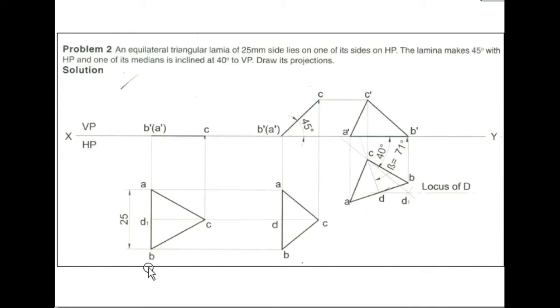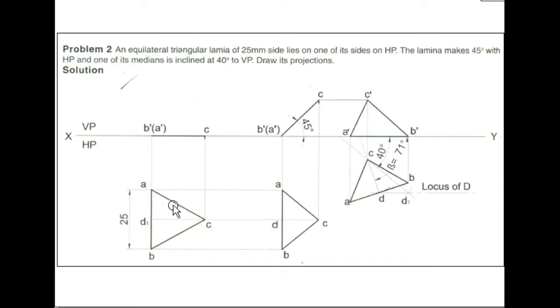So draw a equilateral triangular lamina on HP plane such that the side is resting. So this is the first condition in which we have to draw the equilateral triangular lamina. So I will draw a equilateral triangular lamina of 25 mm length, whose adjacent angle is 60-degree.